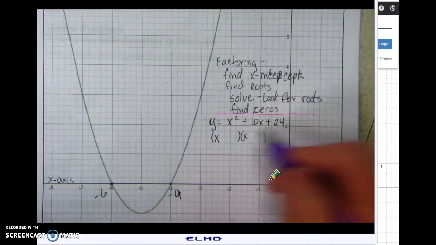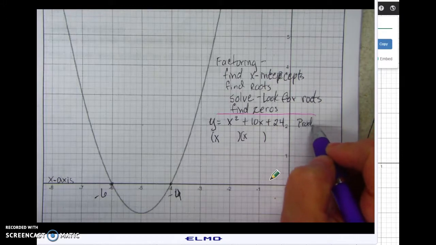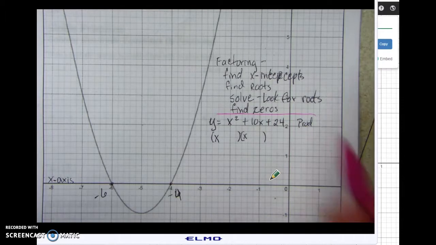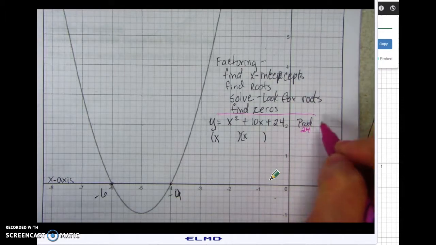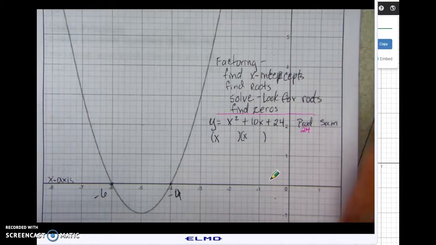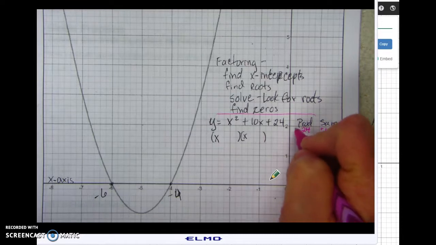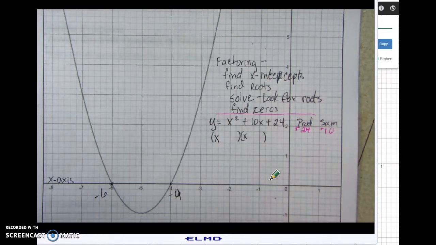X and x. Now I want a product of 24 and a sum of 10. And both of these numbers are positive, and it's important to make note of that.